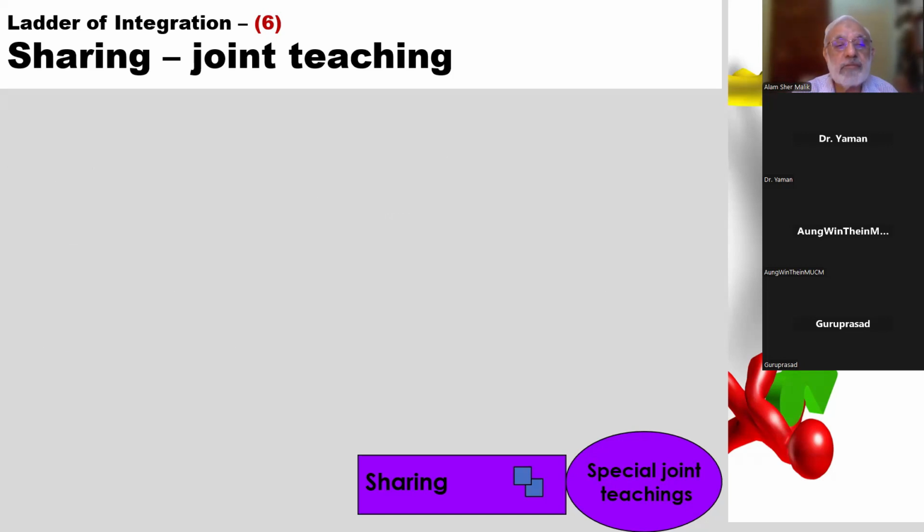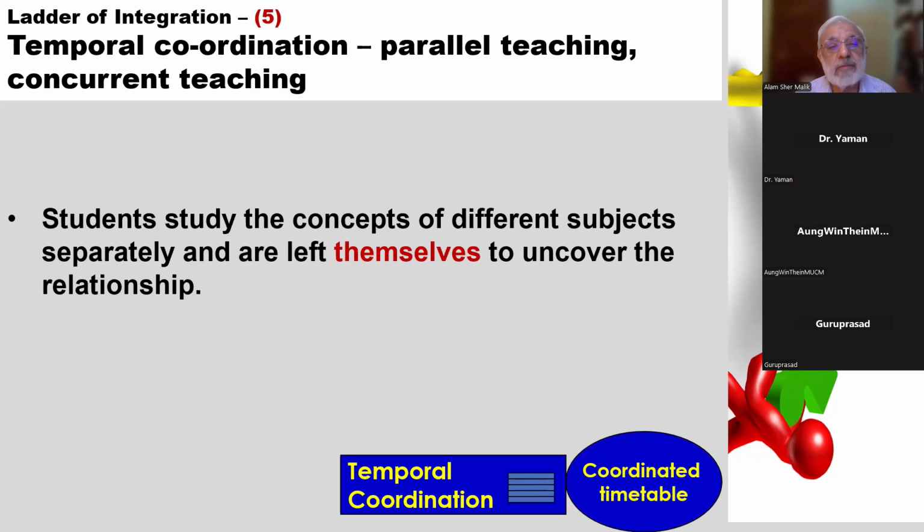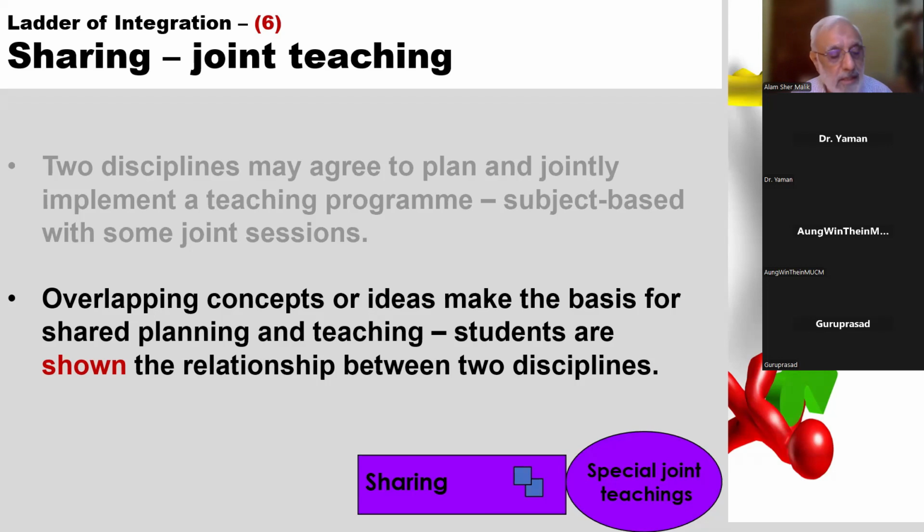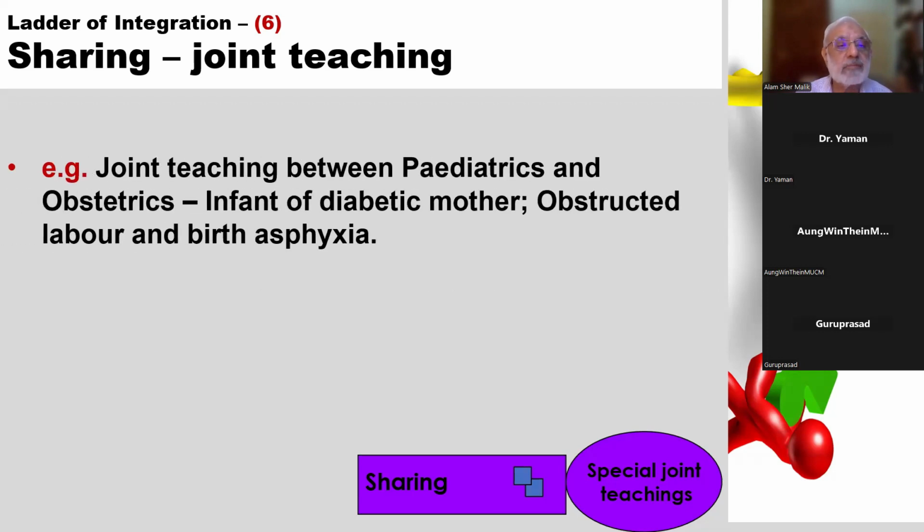If we see, previously up to level 5, students are left themselves to uncover the relationship. But when we come to level 6, because there are joint sessions, students are shown the relationship between the two disciplines. They are guided to link or integrate the two disciplines together.